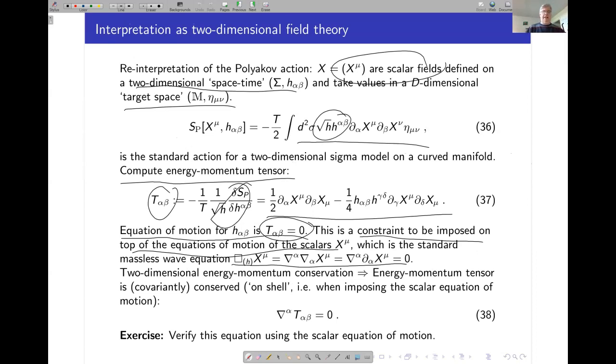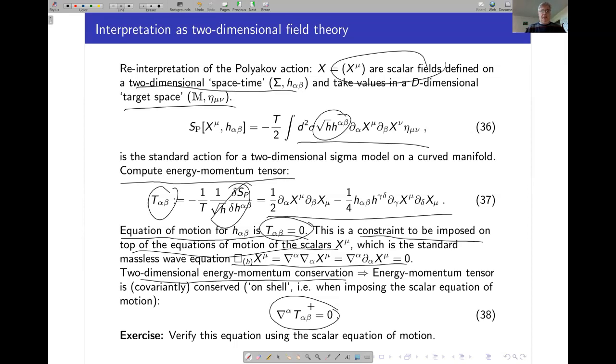Namely, they are related to two-dimensional energy momentum conservation. Energy momentum conservation means that the divergence of the energy momentum tensor is equal to 0. And if we are on a curved worldsheet, we have to take the covariant derivative. So the covariant divergence of the energy momentum tensor is equal to 0.